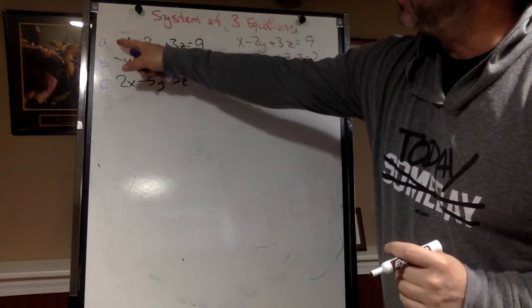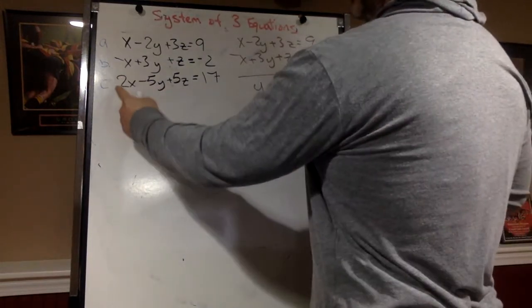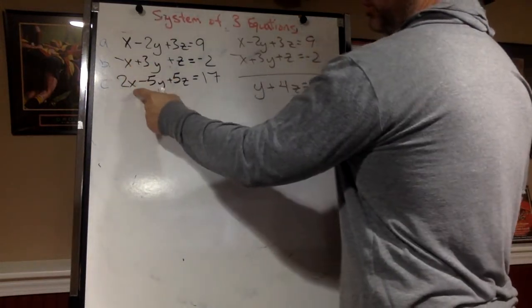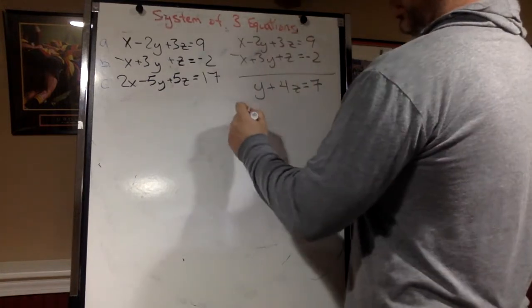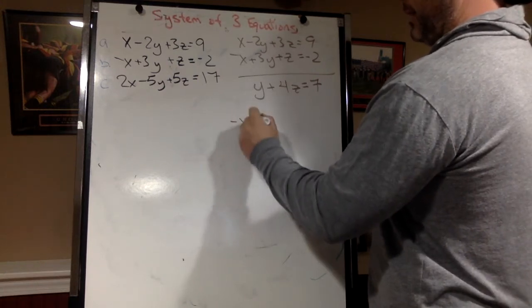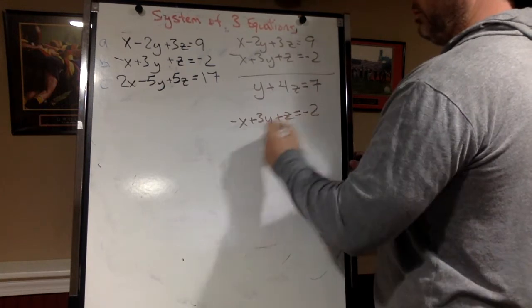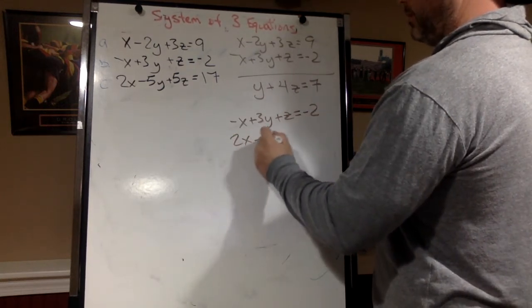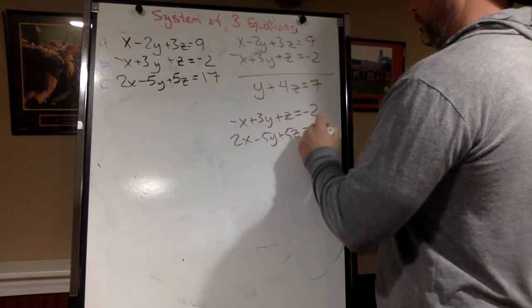Now I'm going to either have to combine AC or BC. Well, I like doing BC because, look, we've got a negative x and a 2x, almost ready to cancel. So let's rewrite those. So we get negative x plus 3y plus z equals negative 2, and 2x minus 5y plus 5z equals 17.